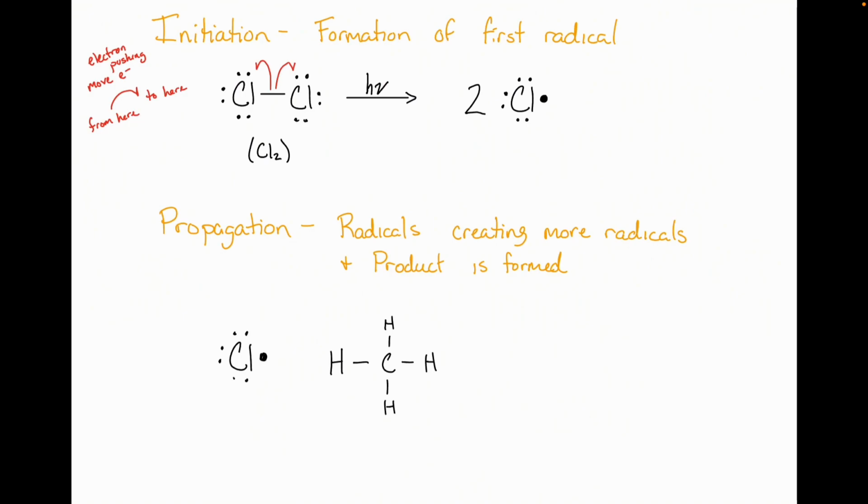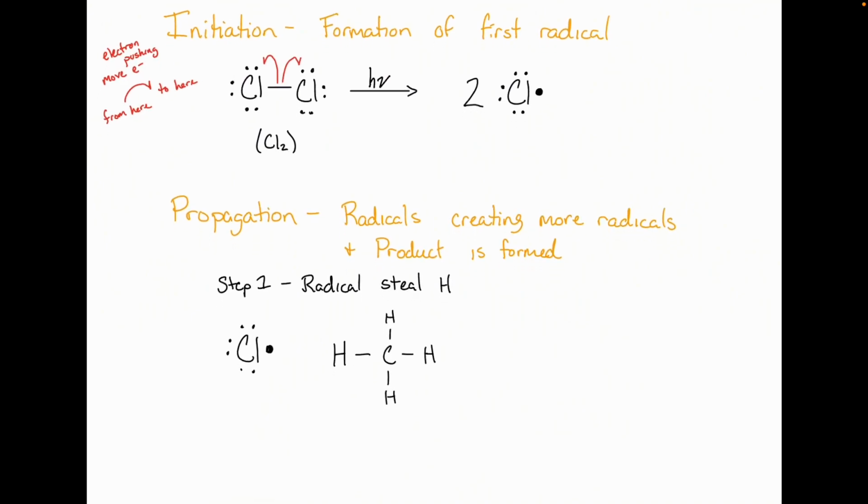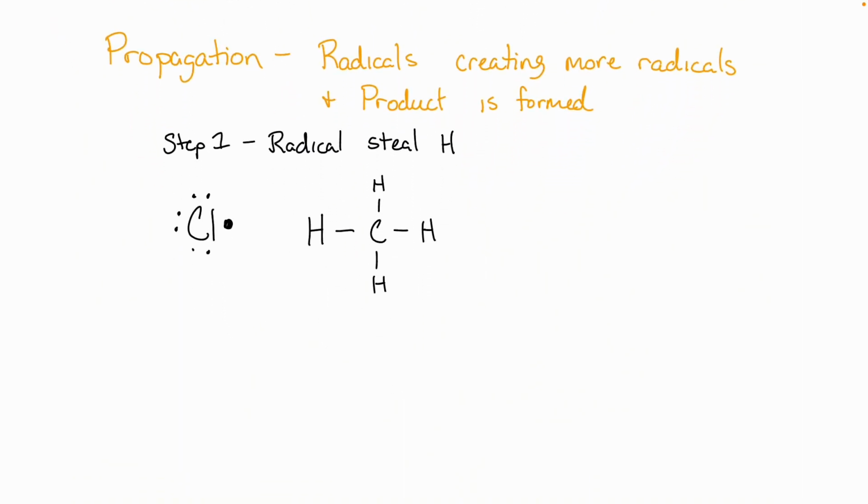So we can say step one. A radical is going to steal a hydrogen from our hydrocarbon, from our alkane. Okay, and so this will create HCl. And now a carbon radical.